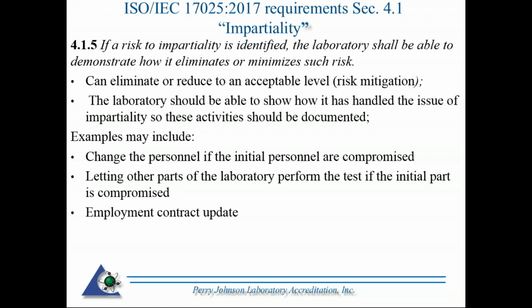The laboratory should be able to show how it handled the issues of impartiality, so these activities should be documented. Examples may include a change of personnel if the initial personnel are compromised, or letting other parts of the laboratory perform the test if the initial part is compromised. Another is an employment contract update. Often with 17025:2005, you might have been required to have policies and procedures in place and have employees sign a policy in regards to impartiality.